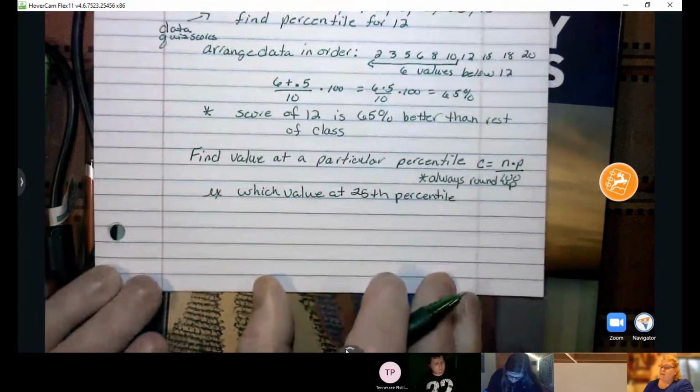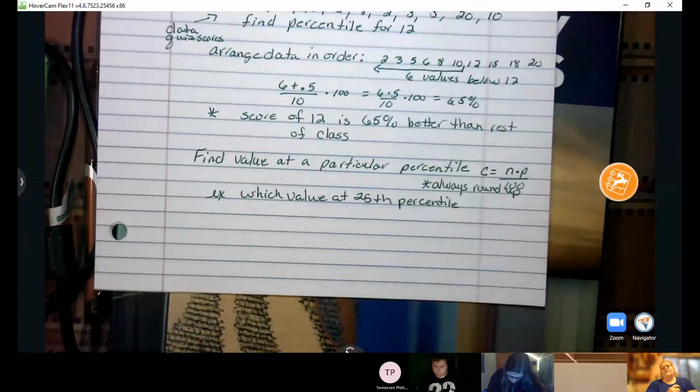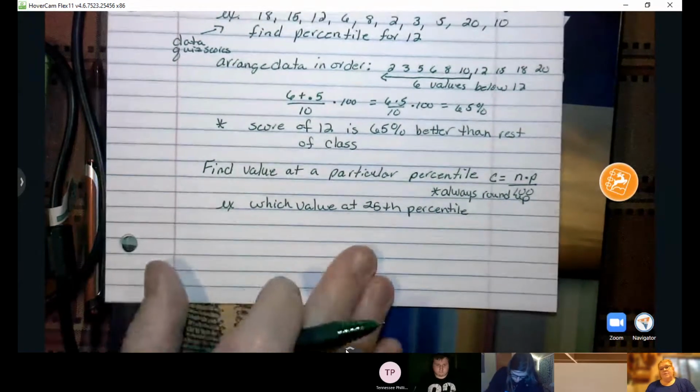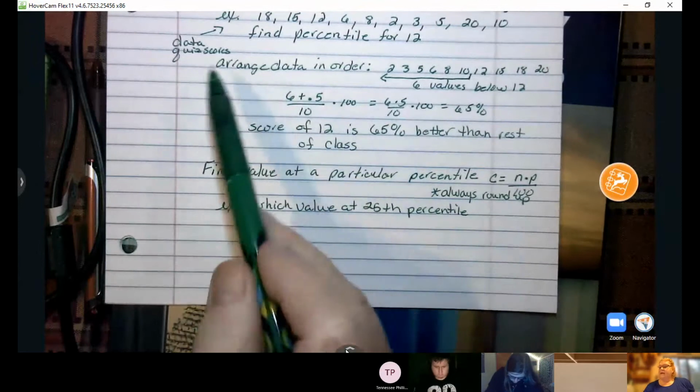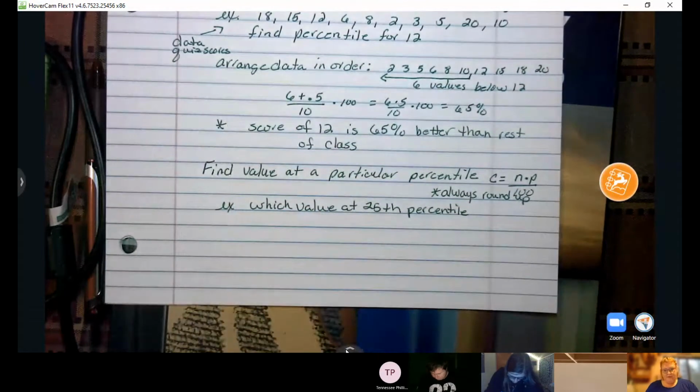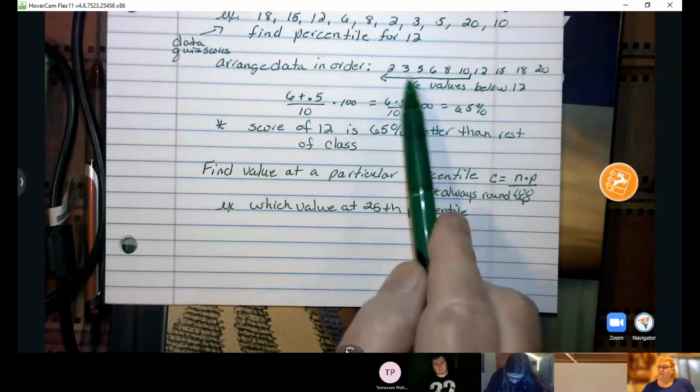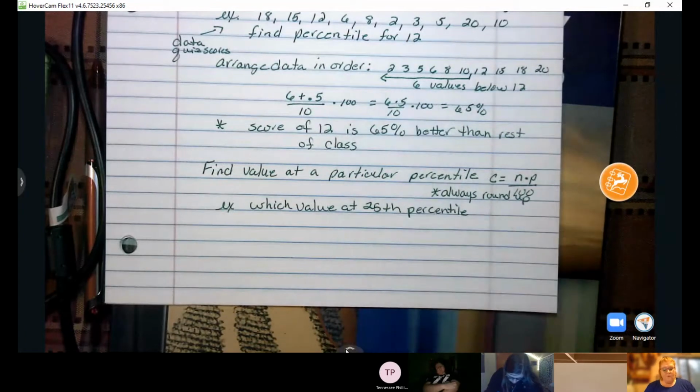So we want to find which value is at the 25th percentile. We're using our same set of quizzes. And we want to find which data is at the 25th percentile. We still want them in numerical order when we do this.